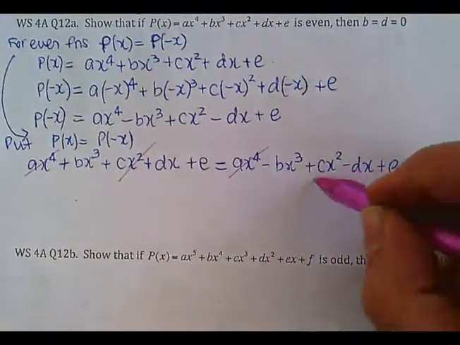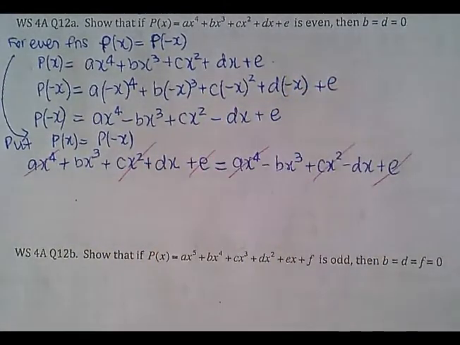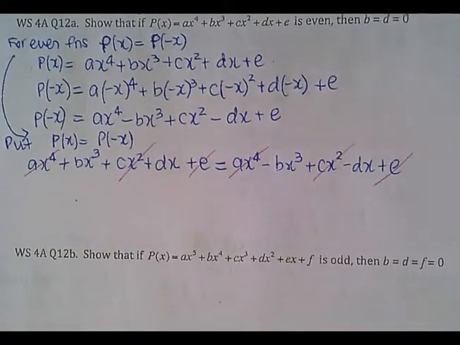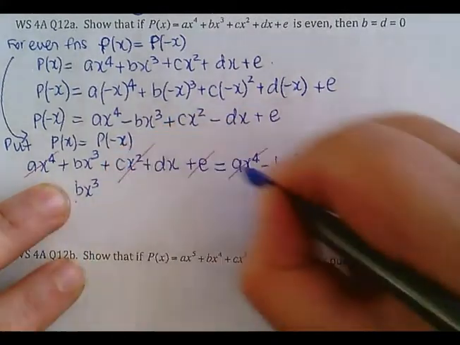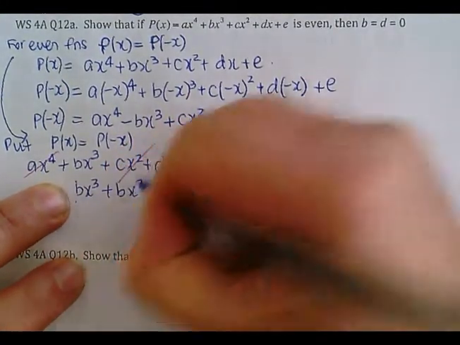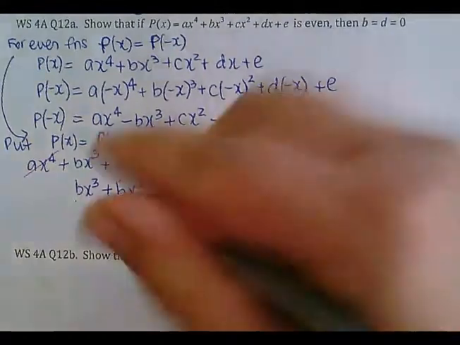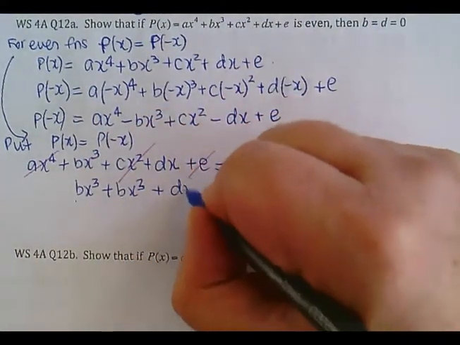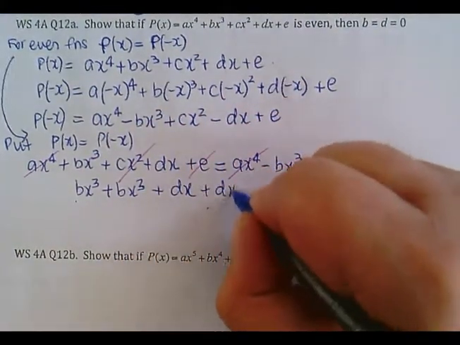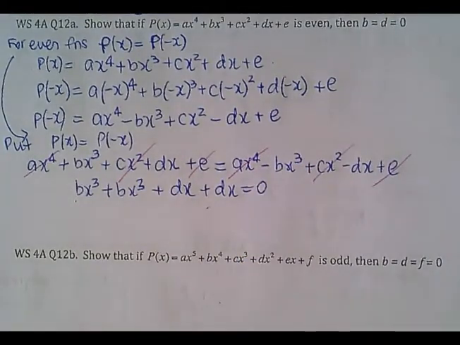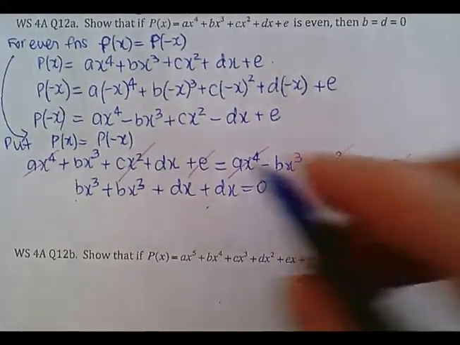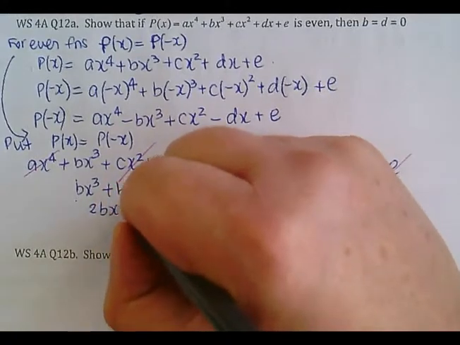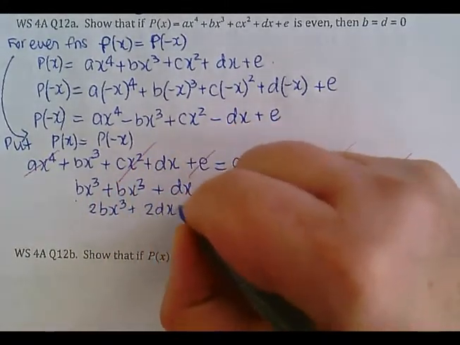The cx squareds go, and so do the e's. So basically what I've got is plus bx cubed plus dx equals 0. Now, isn't that 2bx cubed plus 2dx? 2bx cubed plus 2dx is 0.